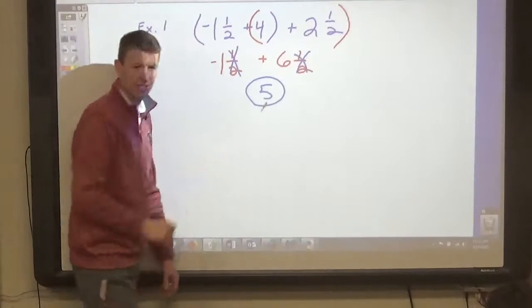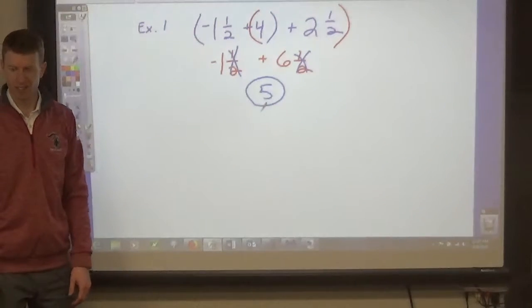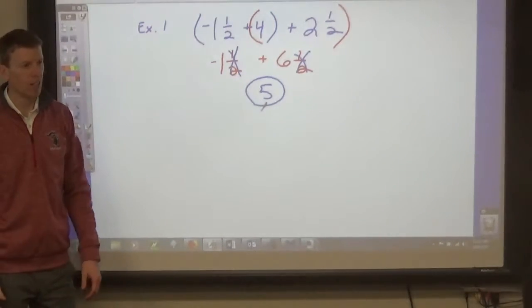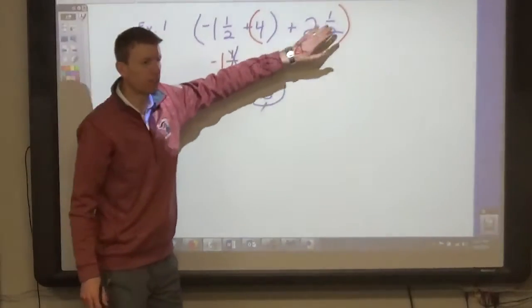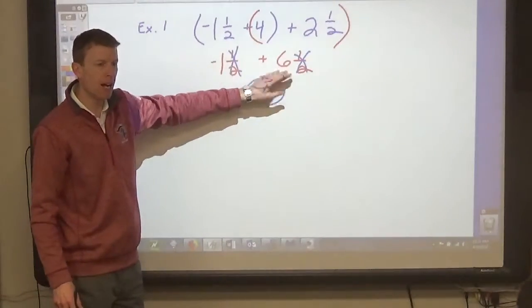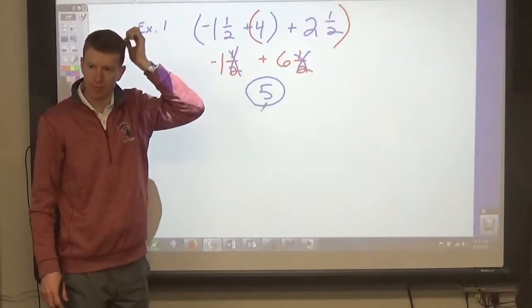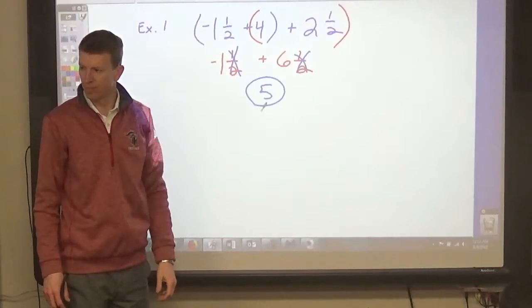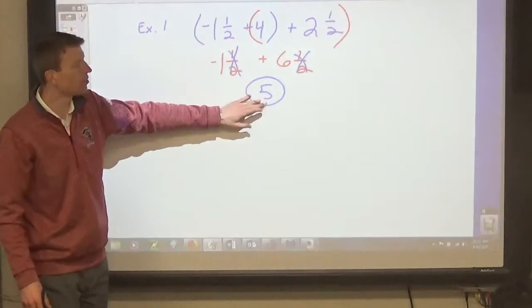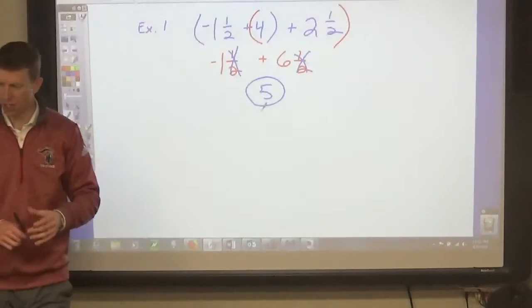Very good. So by adding these two first, it was easier to combine and then do the half minus a half. Okay? That's an example of using the associative property to your advantage.